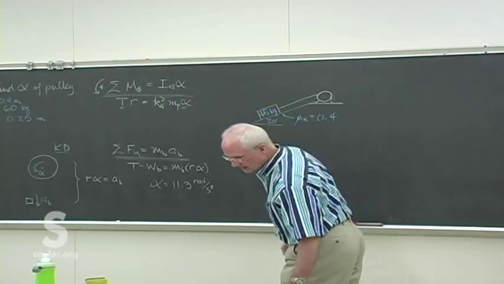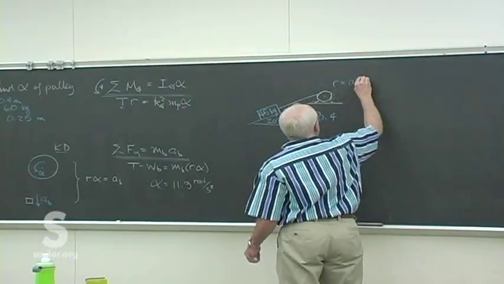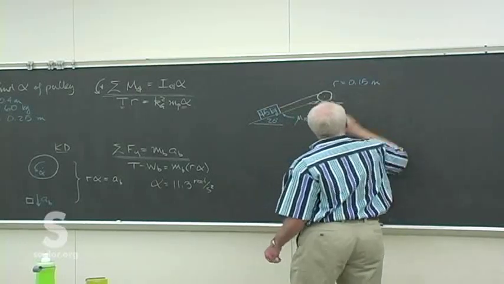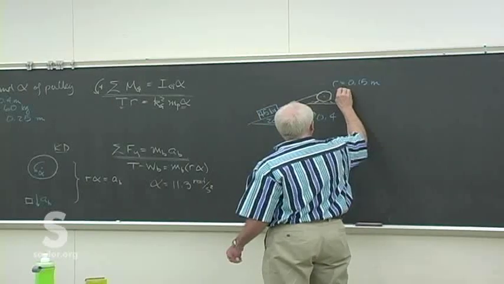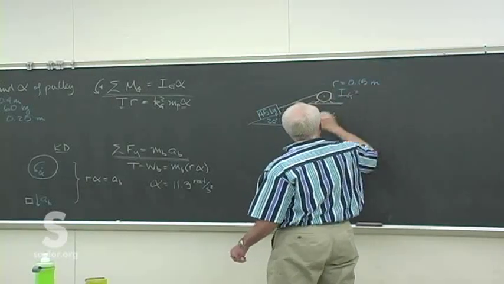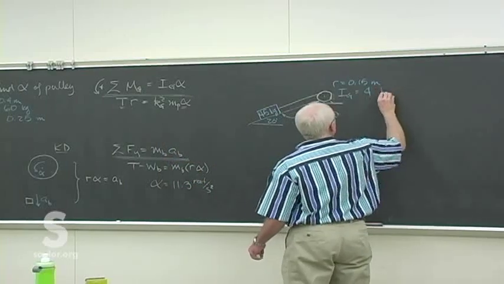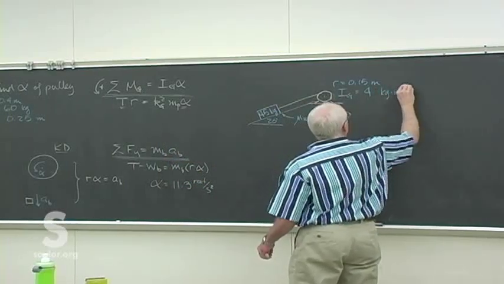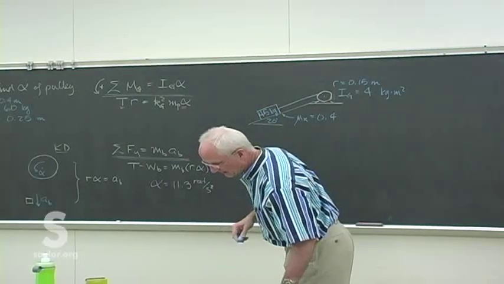And the winch has a radius of 15 centimeters, a moment of inertia about the pulley part of 4 kilogram meters squared.